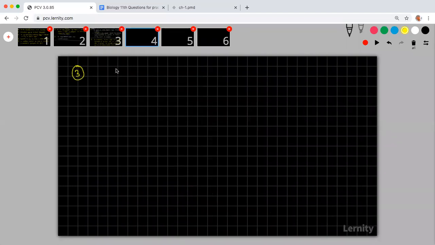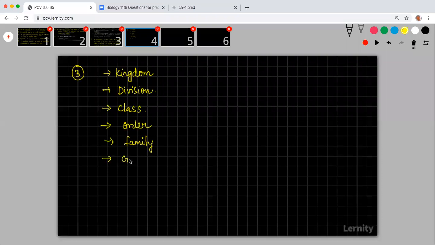The first one is kingdom. The second one is division. The third one is class. The fourth one is order. Fifth one is family. Sixth one is genus.